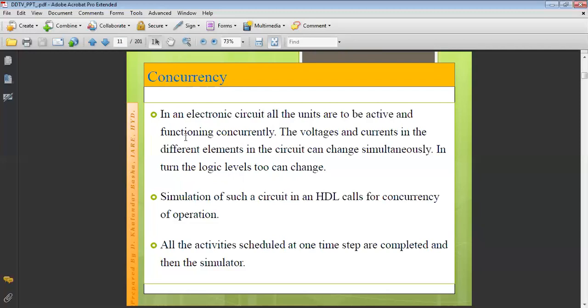Simulation of such a circuit in an HDL calls for concurrency of operation, so all the activities should be completed in one step and then simulated. In a single statement, all the statements present in the HDL language are executed in a single delta time. This is known as the concurrency of the digital circuit.